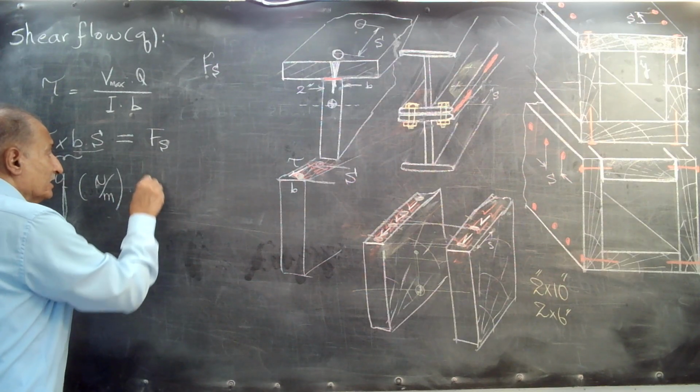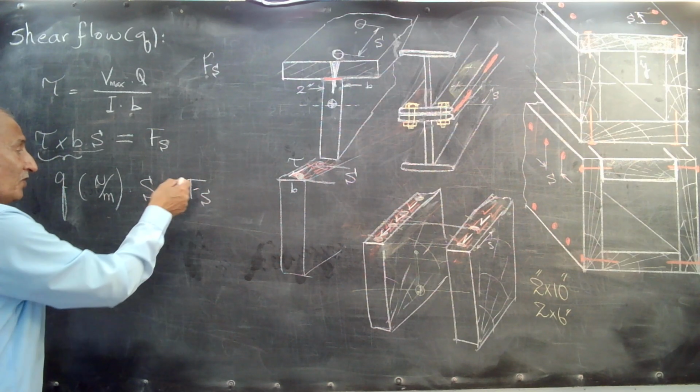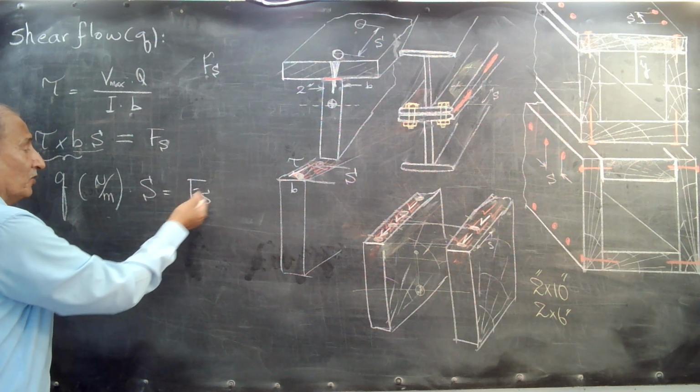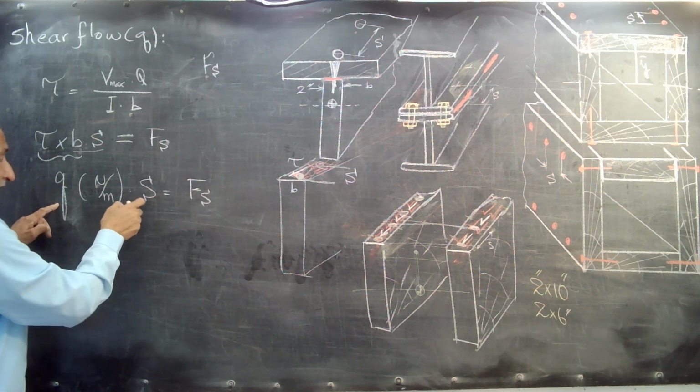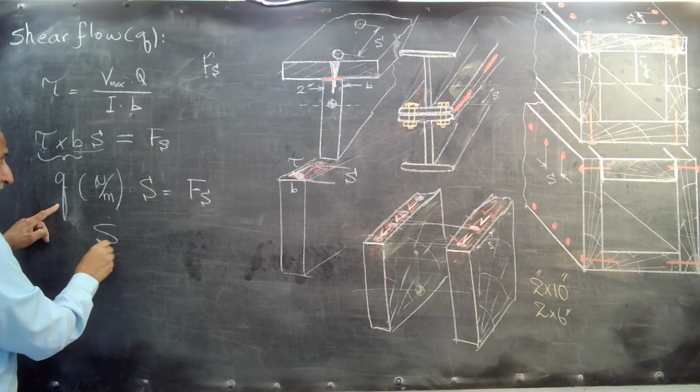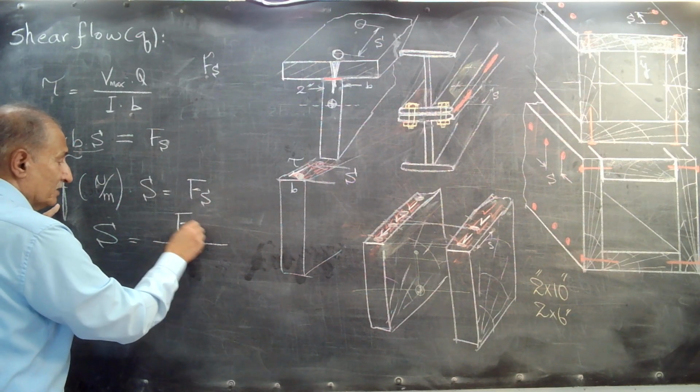times S equal Fs. Shear strength of 1 nail, or if we have 2 nails or 3 nails, you must multiply by S. Then q times S here is equal to NFs.